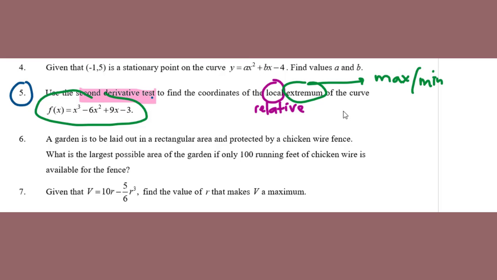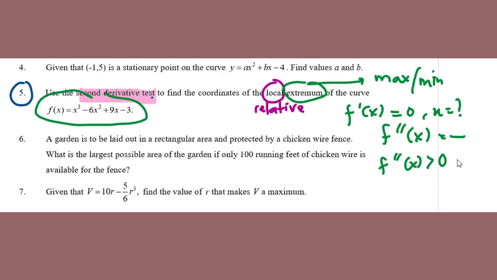Find f prime of x and set it equal to 0 to find x. And then to test the value of x, the point, whether maximum or minimum, use the second derivative and check. When it is more than 0, this point is minimum. When double prime is less than 0, that point is actually maximum. Okay, discuss number 5.